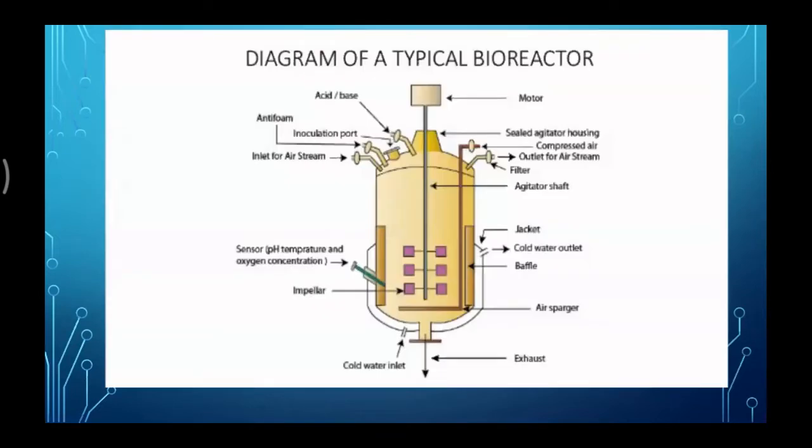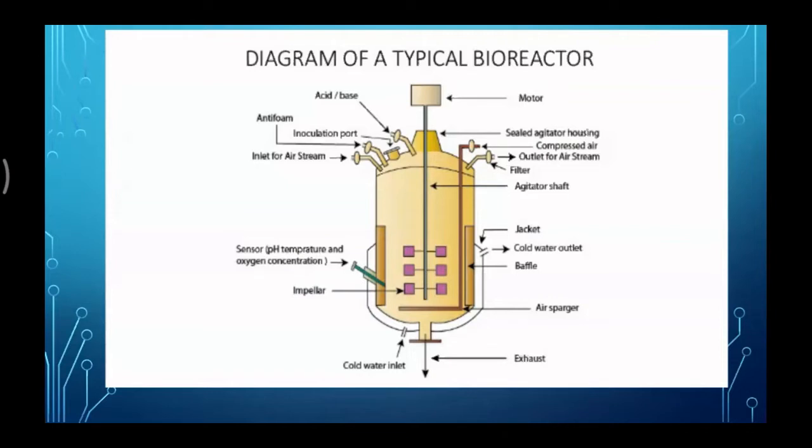So this is a typical diagrammatic representation of a bioreactor. On the topmost there is a motor. It drives the shaft, and towards that there will be baffles. Almost 6 baffles will be present in a commercial bioreactor, and up to 8 baffles in a large scale bioreactor.